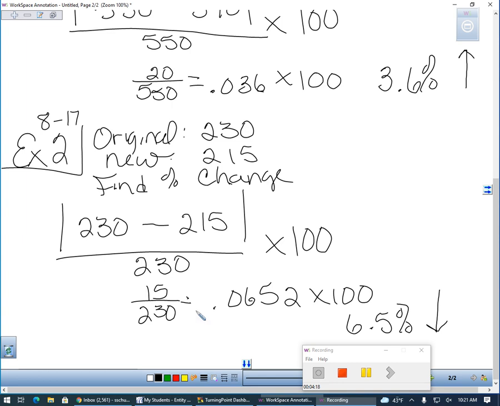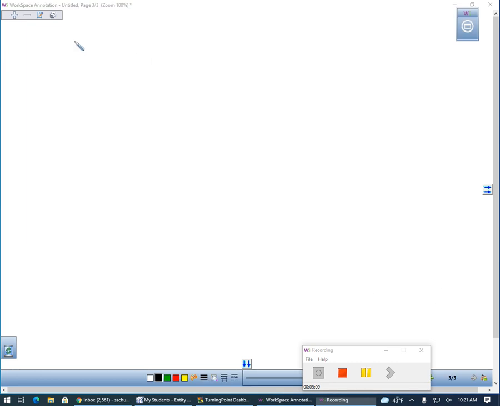So after we find percent change, increase or decrease, the next thing I want to talk about is percent error. Percent error is going to follow this.